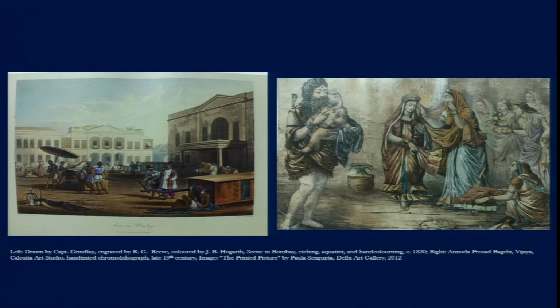And also apart from just the representation of the figure, we also see this flowing drapery, flowing here on the arm of Shiva. And here also, goddess Durga or Uma and her mother are draped in flowing draperies.